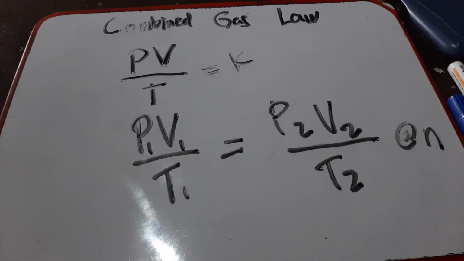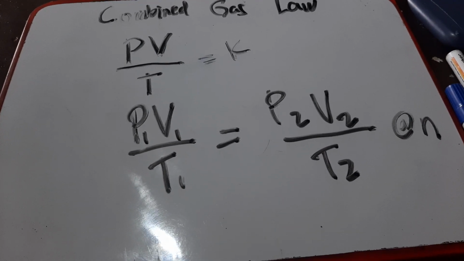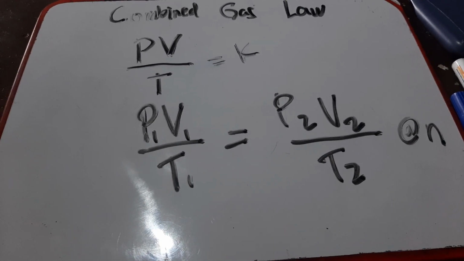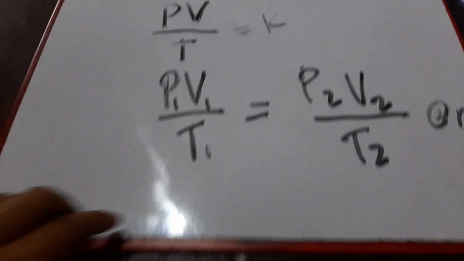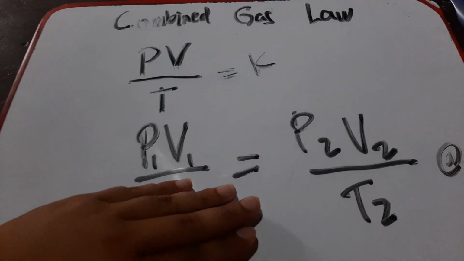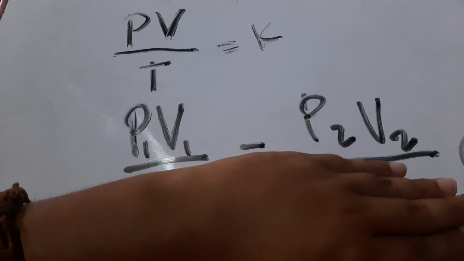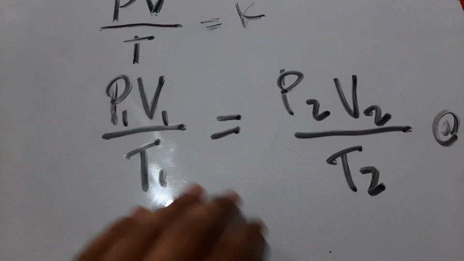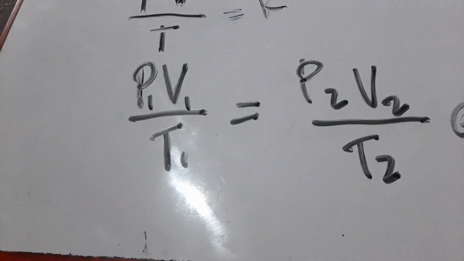So meaning there's no longer a constant volume. It's okay if the temperature is not constant. It's fine if the pressure is not constant, because they are all in the same single equation. So say for instance, I cover the temperature, and there I have Boyle's law. I cover the pressure, I have Charles's law.